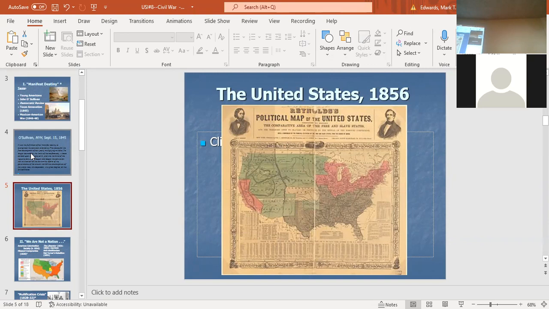And so, big surprise, when Northerners look out west, they see an intensely racialized vision of the West. They see a lily white West, a West in which only white sons and daughters get to go out and have economic opportunities. If slavery was able to expand into the West, that would threaten the economic opportunities of white people.